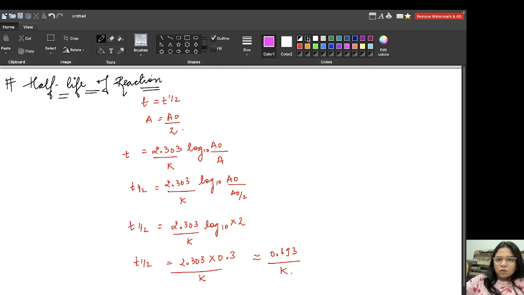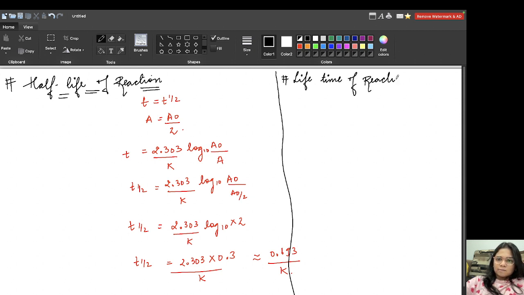Half-life is done. What will be the lifetime of the reaction? Lifetime of the reaction will be T lifetime, and your A has become 0 here, right?